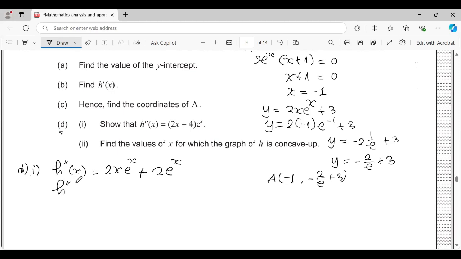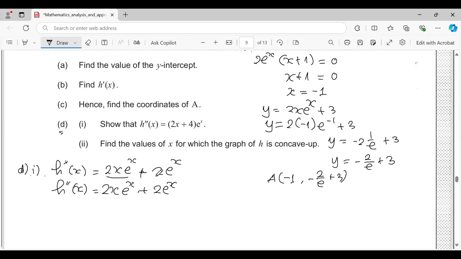And the second derivative: the derivative of the term 2x e power x is 2x e power x plus 2 e power x.